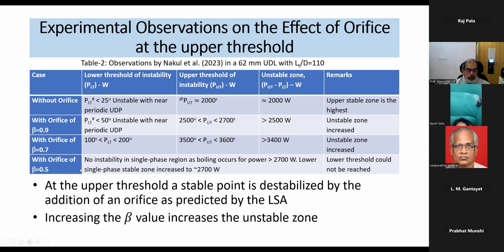But again, when you put beta equal to 0.5, an interesting thing happens: there is no instability till the boiling starts. Even the lower threshold is not reached. So this is the thing.